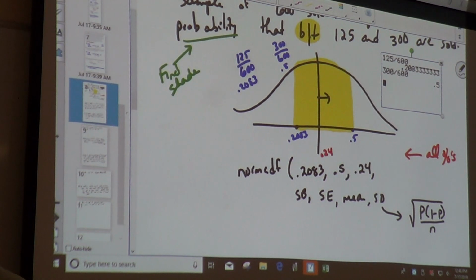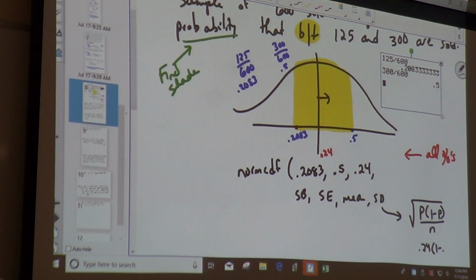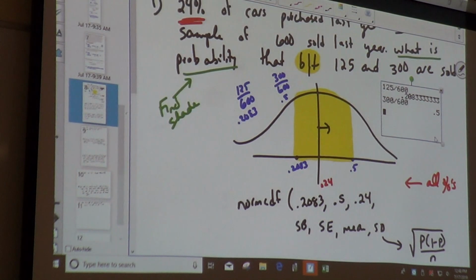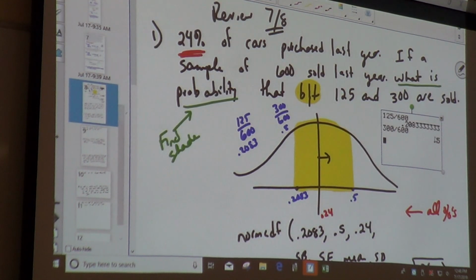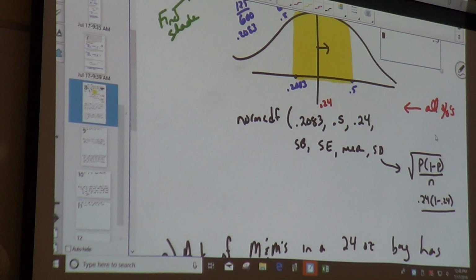What is my P? 0.24. So it's going to be 0.24, 1 minus 0.24, over N. N is what in this problem? 600. How many people I sampled.